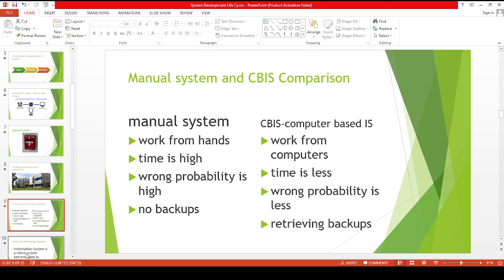Therefore, we can use a CBIS system. That is a great advantage. That is very useful to us.